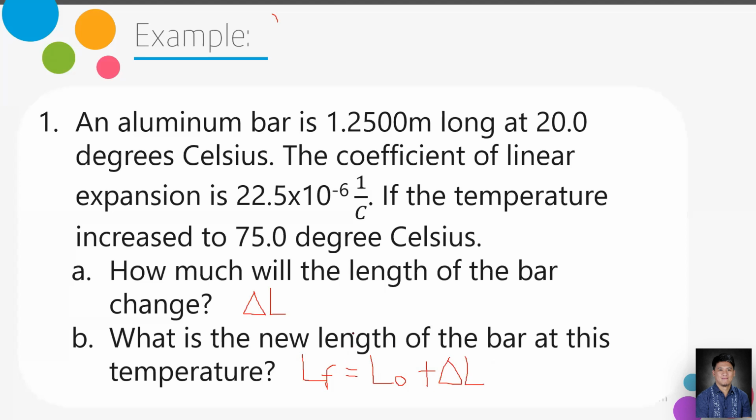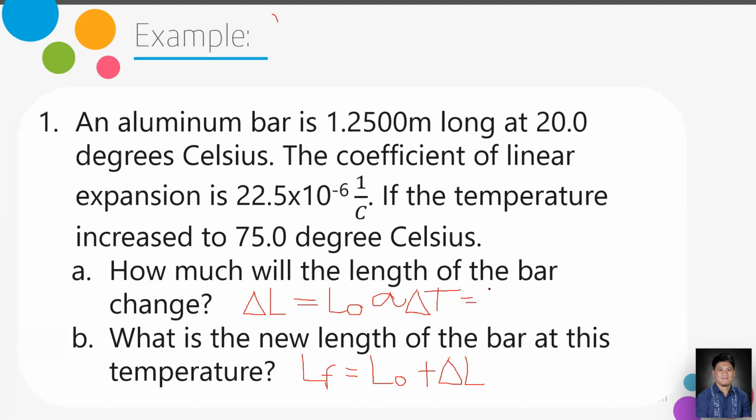So the change in length plus the initial length lets us solve for our new length, or the final length. In this case, the first question is, how much will the length of the bar change? Before we can solve for our final length, let's first solve the change in length. We use the linear expansion equation, which is change in length is equal to L sub O, or the initial length, times alpha times the change in temperature.